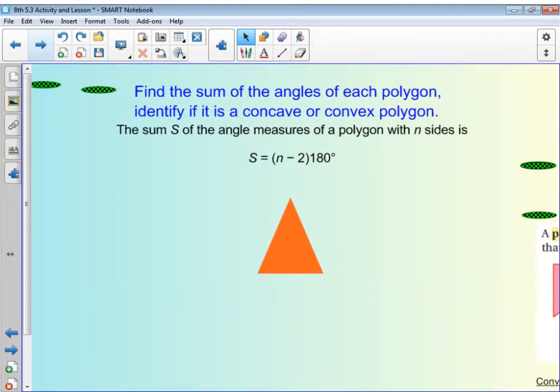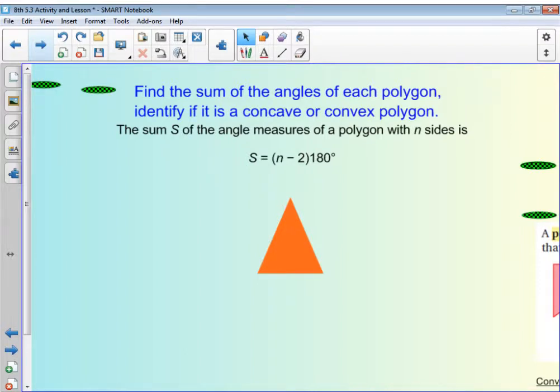It says find the sum of the angle measures of each polygon and identify if it is a concave or a convex polygon. What we need to remember from yesterday is that if we know the number of sides, we can subtract off 2 and then multiply by 180.